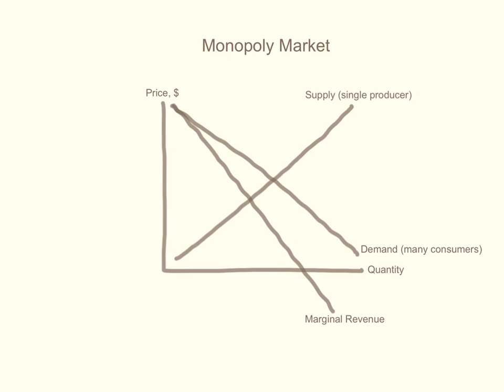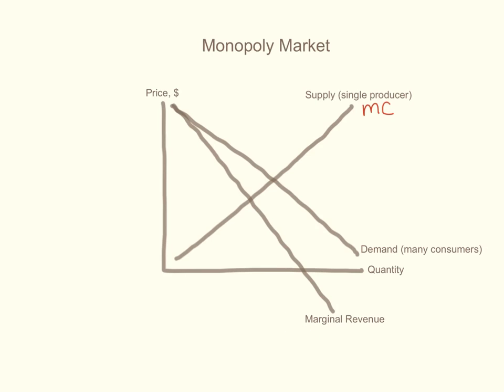Now, just like any producer in any market, whether it be a monopoly market or a perfectly competitive market, the producer is going to maximize their profits by producing at the quantity where marginal revenue equals marginal cost. So recall the supply curve represents the marginal cost of production, and then our marginal revenue is captured by this line here.